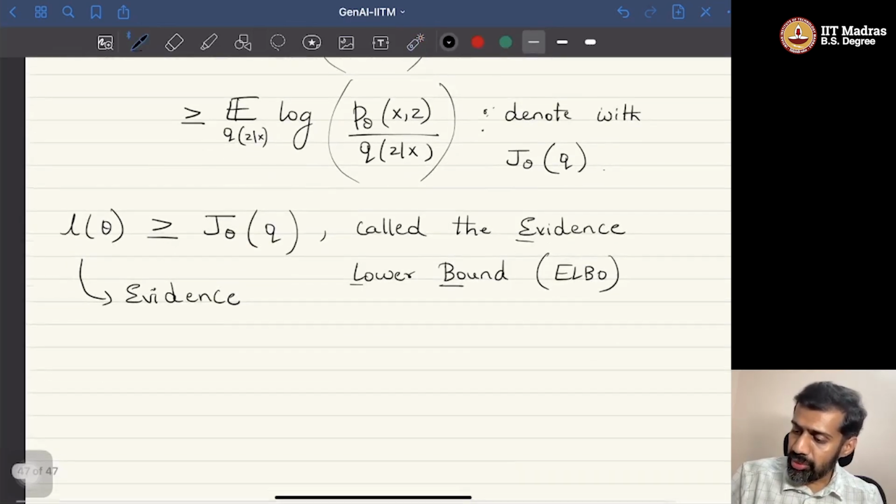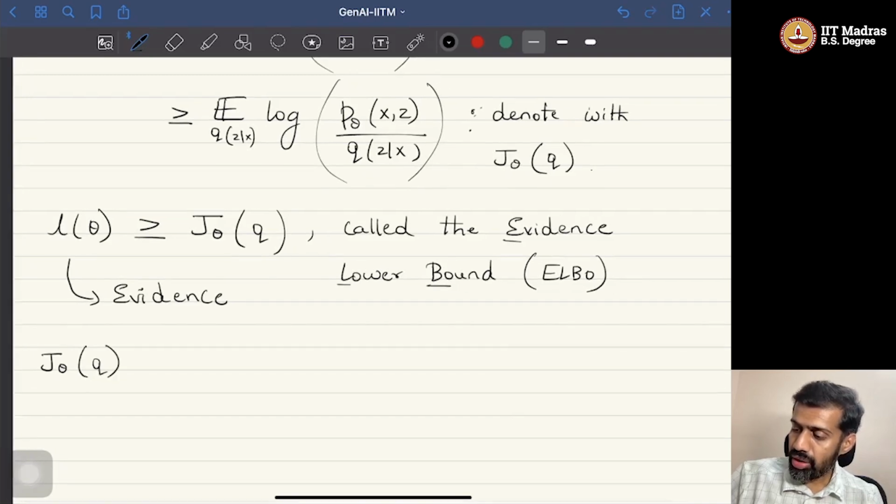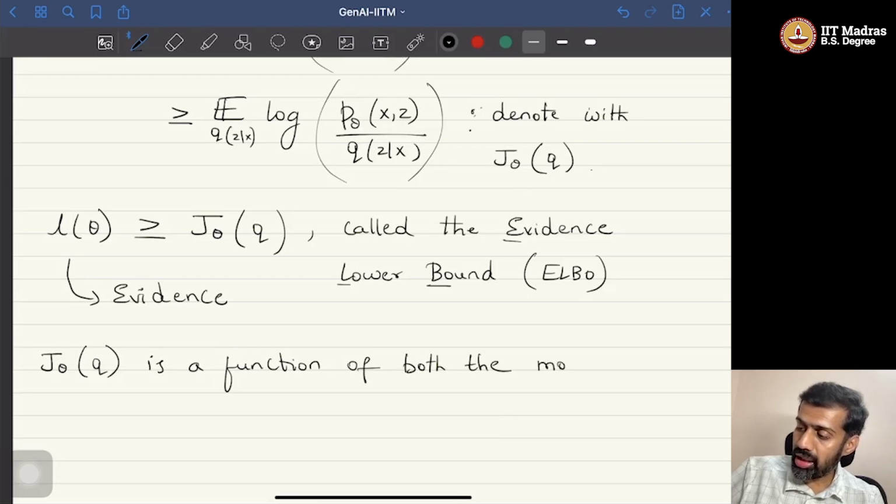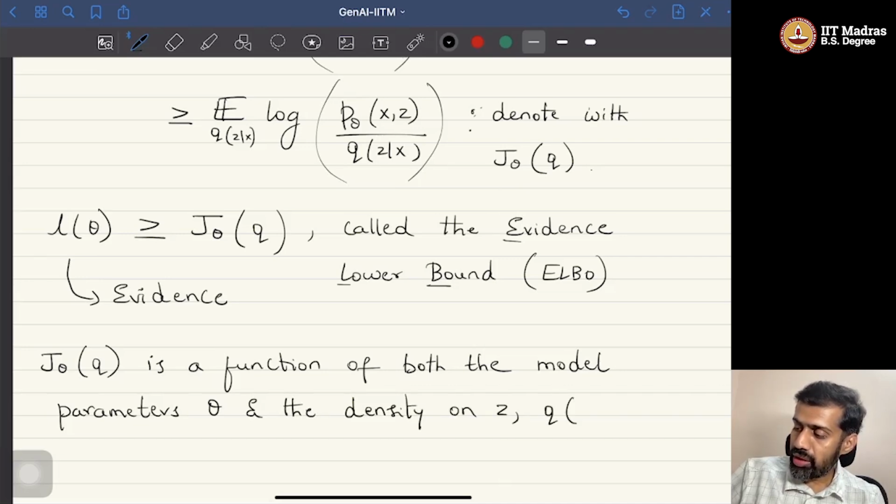Okay, and now ELBO is a function of both the model parameters theta and the density on the latent variable, q of z given x.